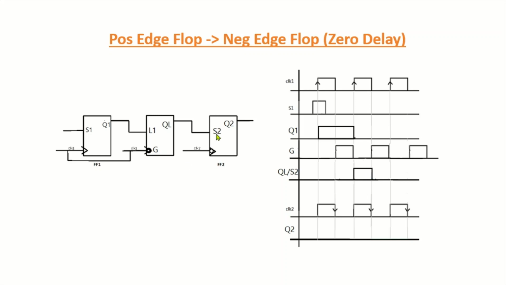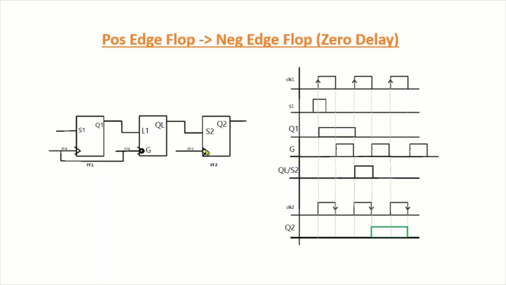S2 will be captured by the second clock edge, and the output will be coming at Q2 in the second clock 2 edge. So by this way, Q2 will get the output at the second clock 2 pulse. By this way, we can achieve the clock shifting at the first pulse and the second pulse.